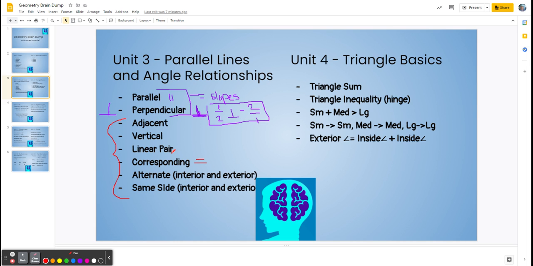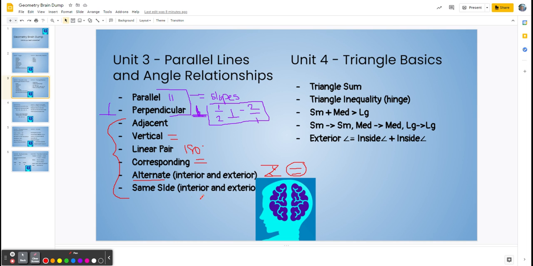What about linear pairs? If two angles form a straight line, what do they add up to or what do they equal? 180, absolutely. What about vertical angles? They are the same. Vertical angles are always equal. What about alternate interior? That's like the Z. So if I can make a Z with parallel lines, those are the same. So all alternate angles, whether they're interior or exterior, are congruent.